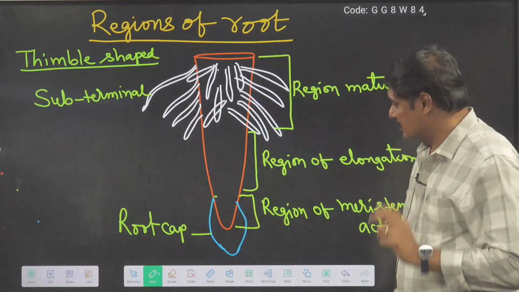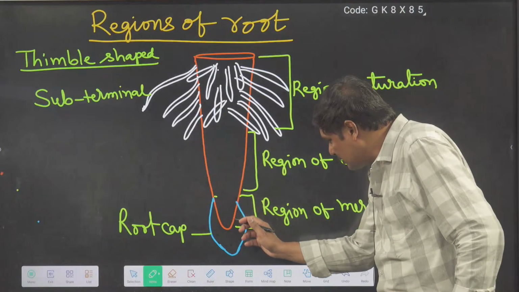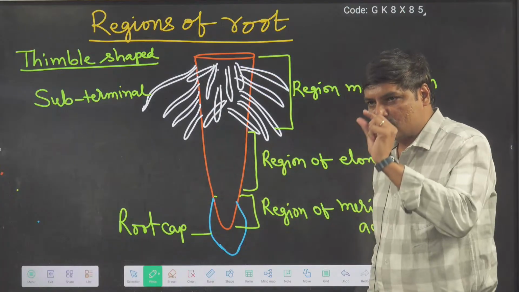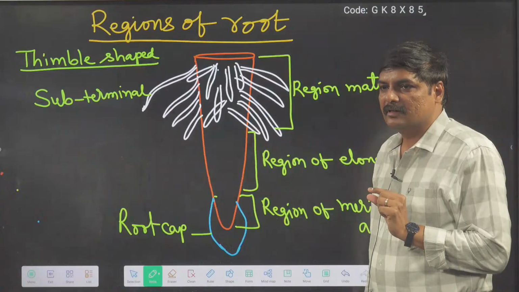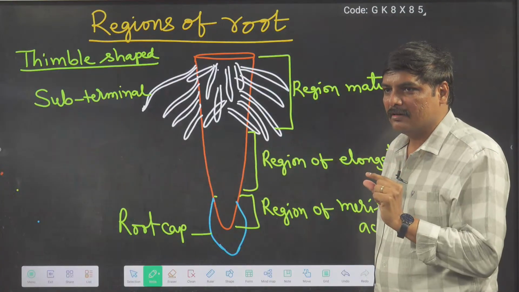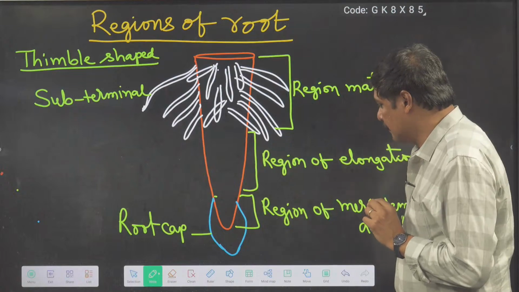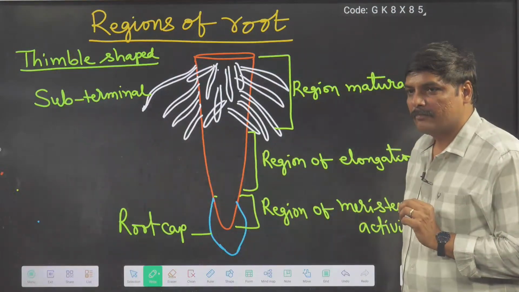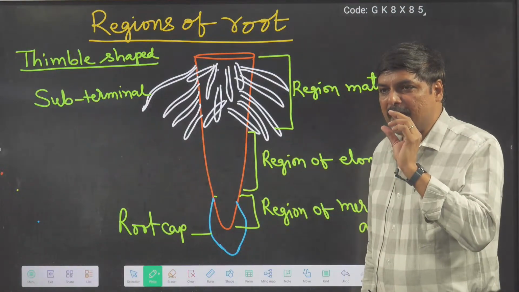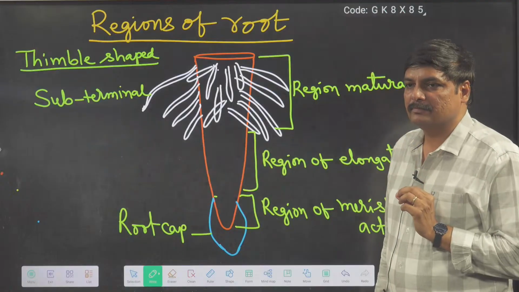I repeat, the cells of the meristematic region are small in size, thin-walled, and contain abundant protoplasm.